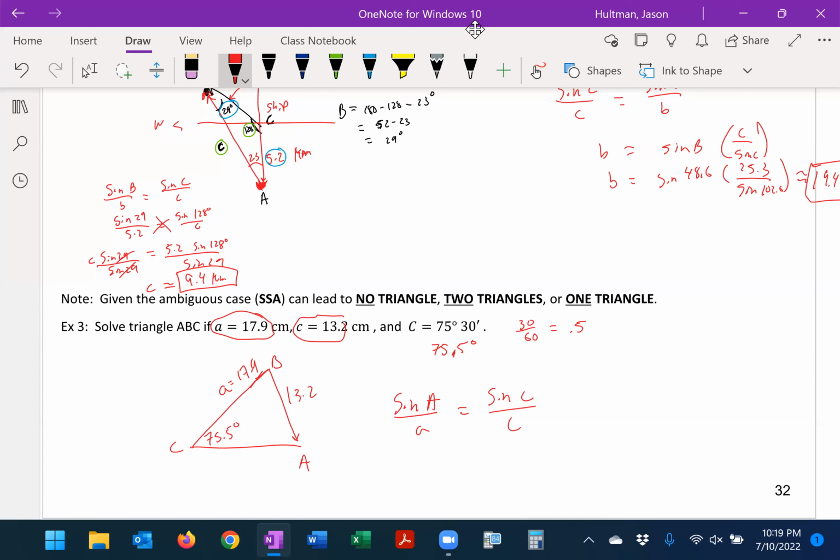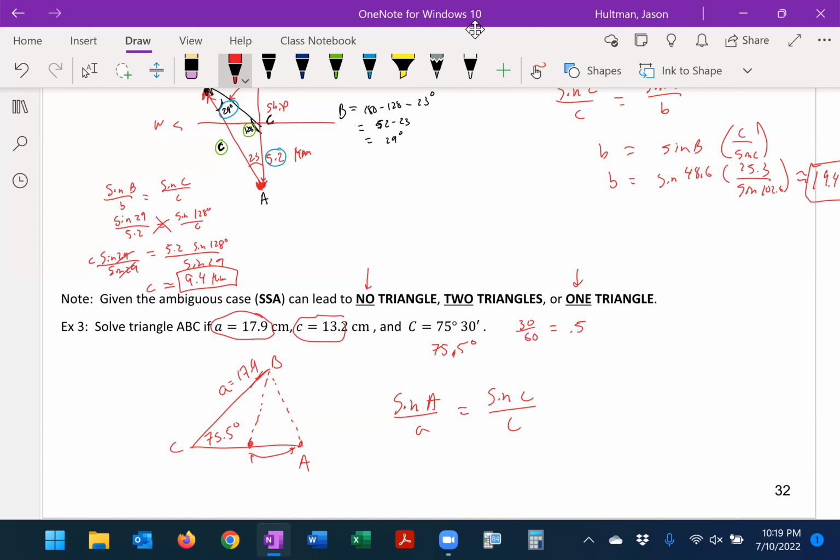We just have these two sides, and the two sides could either not be long enough and not create a triangle, which would give me no triangles, or be long enough and create one triangle, or actually create two triangles, depending upon how I swung it.